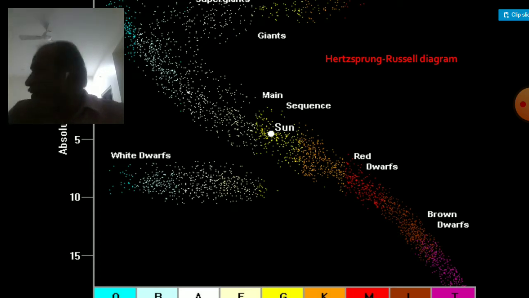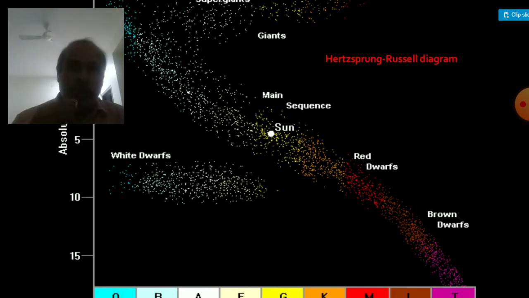Before we enter into the concept, we shall discuss the HR diagram. What is an HR diagram? It is a platform of stars. Absolute magnitude versus the surface temperature of a star is nothing but an HR diagram.